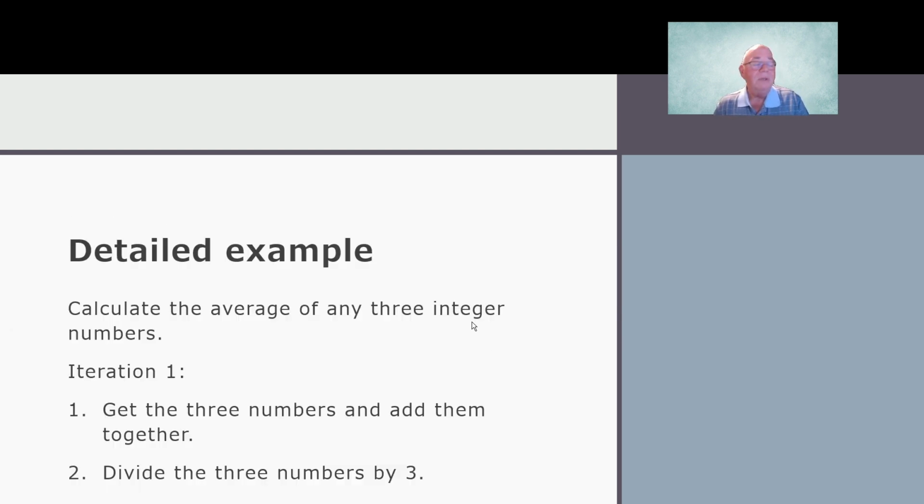So, now here's another detailed example. The reason I'm introducing this now is that this is something you will see multiple times. As we go through the programming part of the class, I will build on this algorithm as you encounter and understand new things about programming.